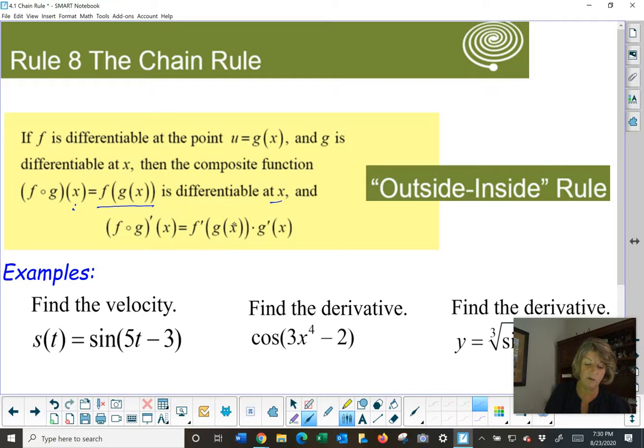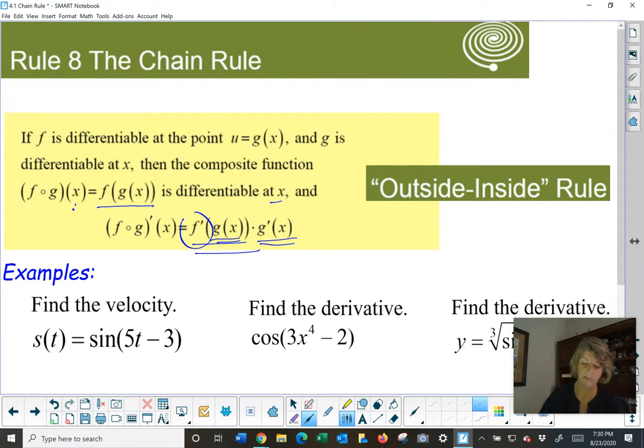And we can say that the derivative of a composite function is equal to the outer function's derivative with the inside left alone, evaluated at the inner function g of x, and then multiplied by g prime of x. So we have to take the derivative of the inside separately.